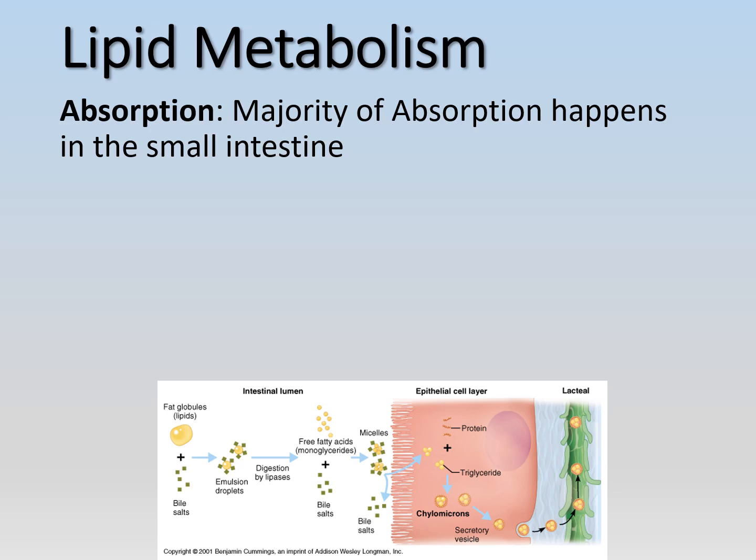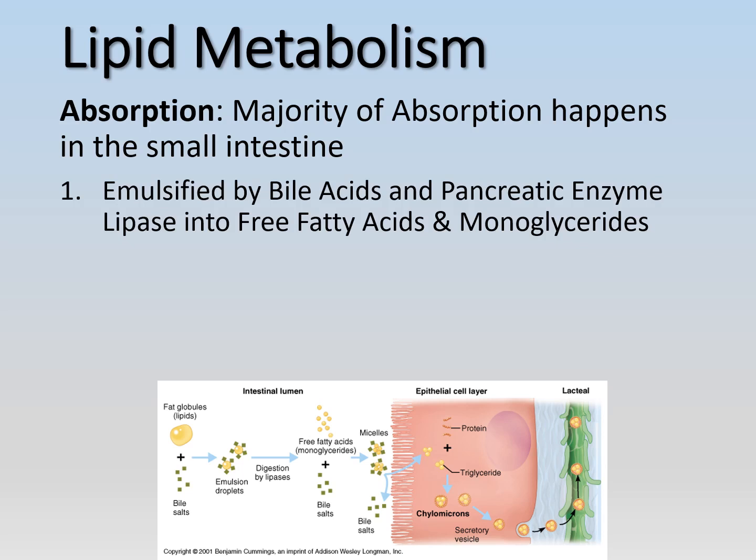The majority of our absorption of fat does happen in the small intestine. Once you leave the stomach, you hit the duodenum in the small intestine, and that's where bile acids and pancreatic enzymes break down those triglycerides, the fat molecules, into free fatty acids and some monoglycerides as well.